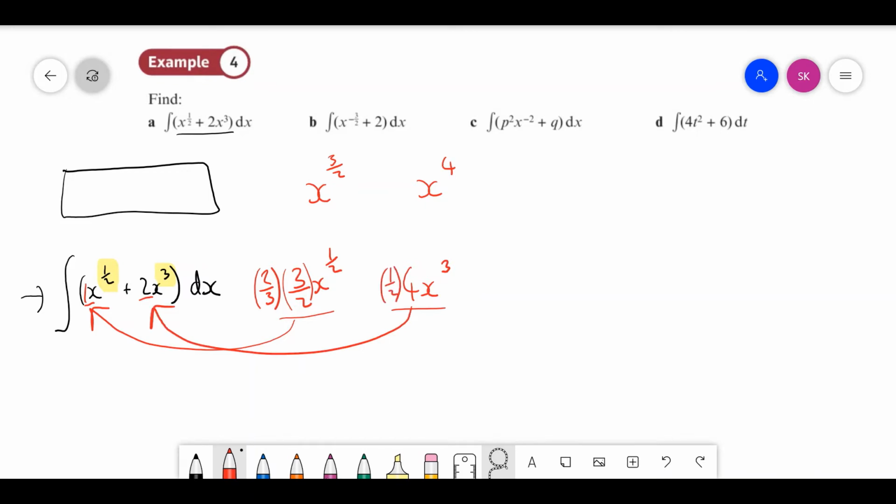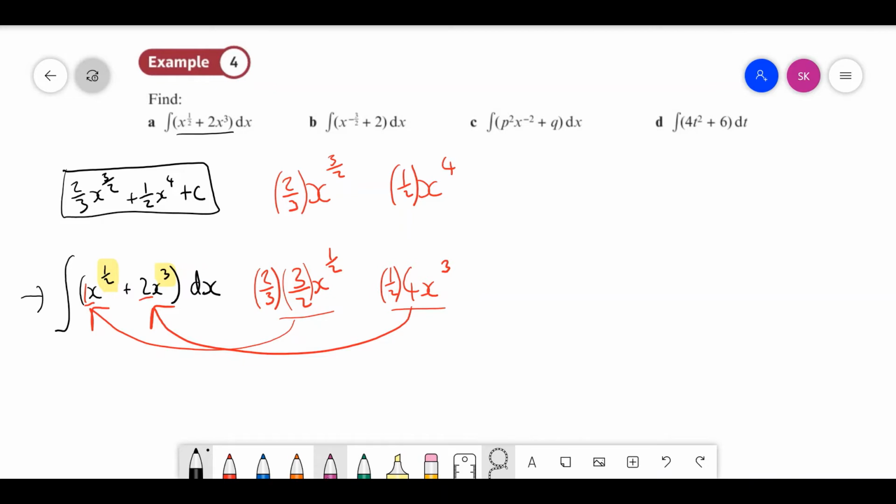So that means I'm going to be timesing this by 2 over 3 and this by 1 over 2. The answer is therefore 2/3 x to the 3 over 2 plus a half x to the 4 plus c.